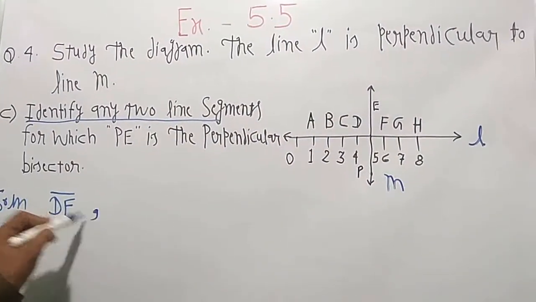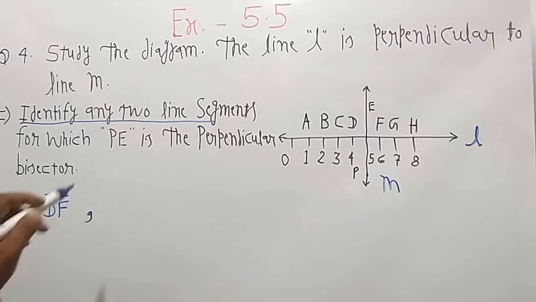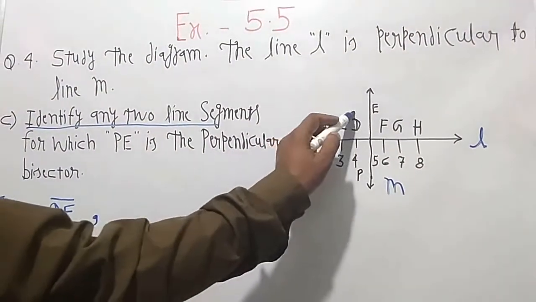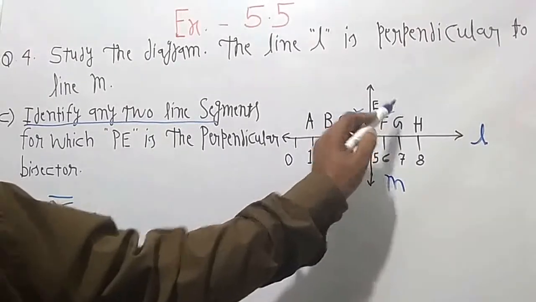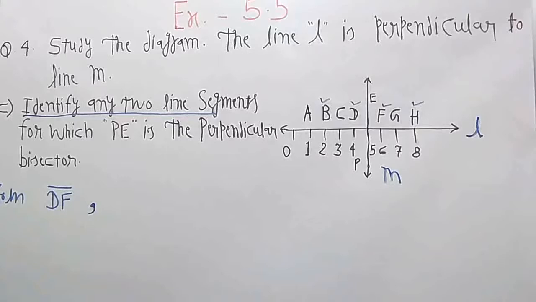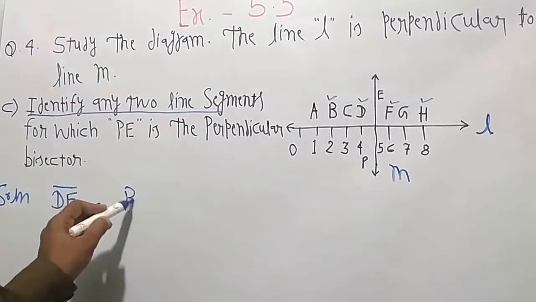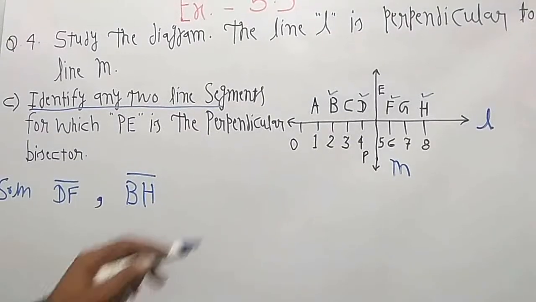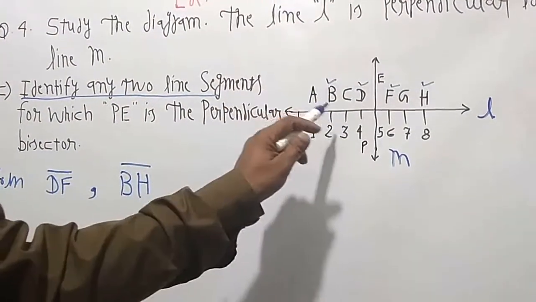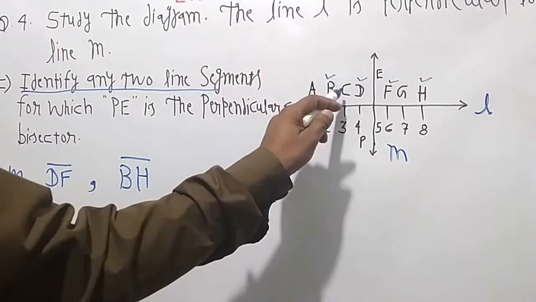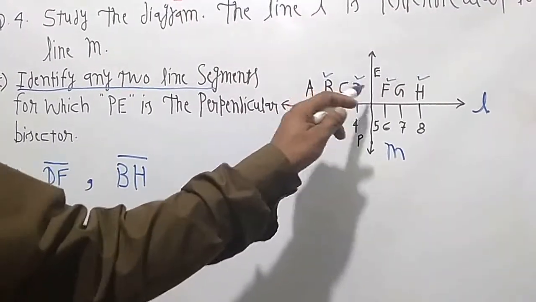And the second, similarly, this is B. First we observed this DF. Now this is B and this is H. BH is the second line segment for which PE is the perpendicular bisector, because from B to C, C to D and D to E there are 3 units.